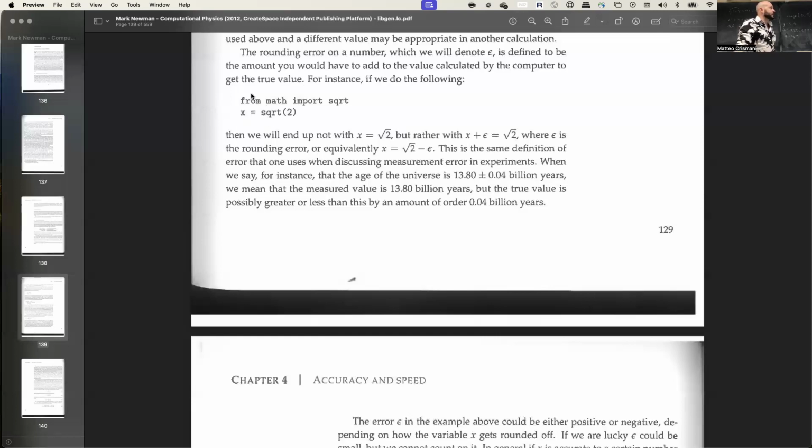Do we trust that this really is going to not be correct? You all have your computers in front of you? So find out what x is, print x.